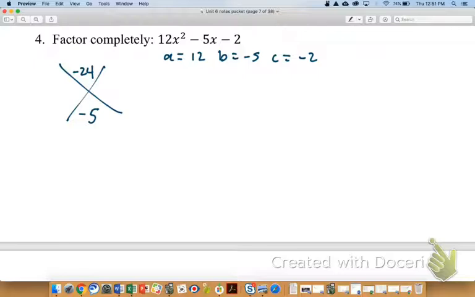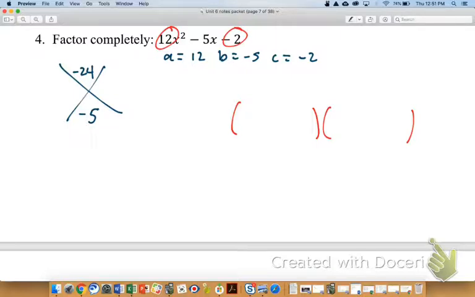Honestly, can I just show you real quick? And there's a point to this. So what I would do, I'll do this in red. I would look at this and I would say, I know it's got to be a binomial times a binomial. I know my last term has to be negative 2. I know my first term has to be 12x squared. And I start to think, okay, how do I make a 12? I get to do a 1 times 12, a 2 times 6, or a 3 times 4.